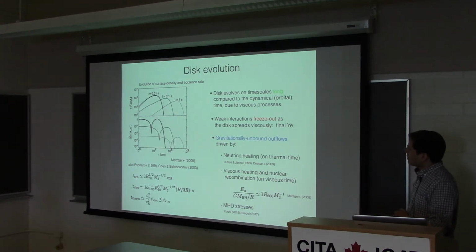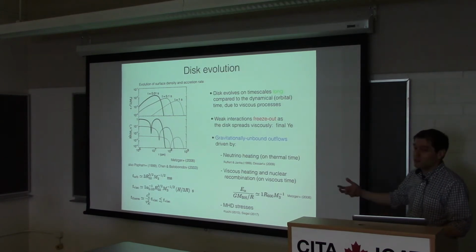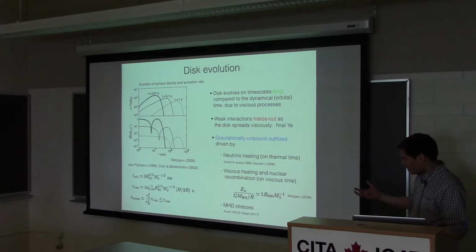And so initially, once formed, this disk is very hot, and hot compared to the gravitational potential of the system. It could also be degenerate, so that's why it's not trivial that it's hot. It's just because there are shocks taking place at the merger.